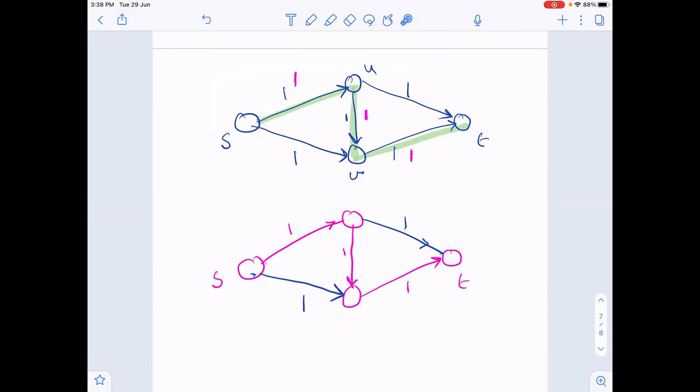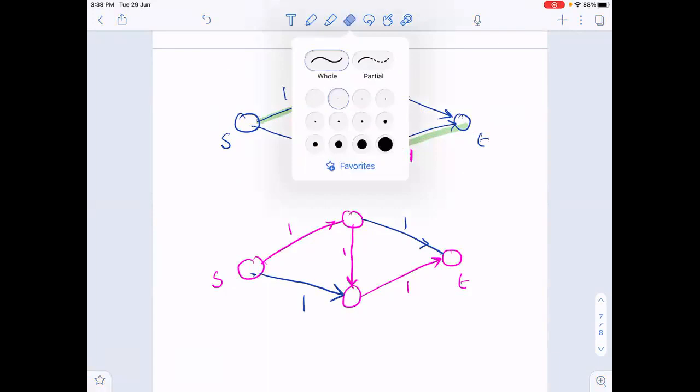Yes. But by some chance, I picked up this path, and I pushed in 1 unit. But now, just think of them as a kind of canceling.